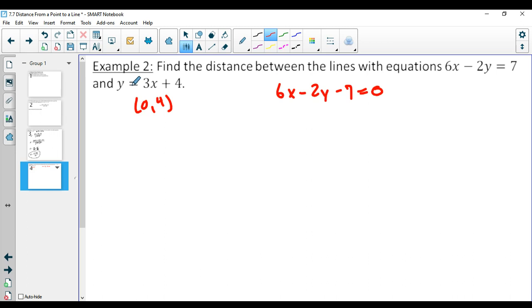Looking at y equals 3x plus 4, the easiest way to get a point is the y-intercept. Y equals mx plus b, so that's at (0, 4). Or when you plug in x equals 0, 3 times 0 is 0, and the y value you get is y equals 4.